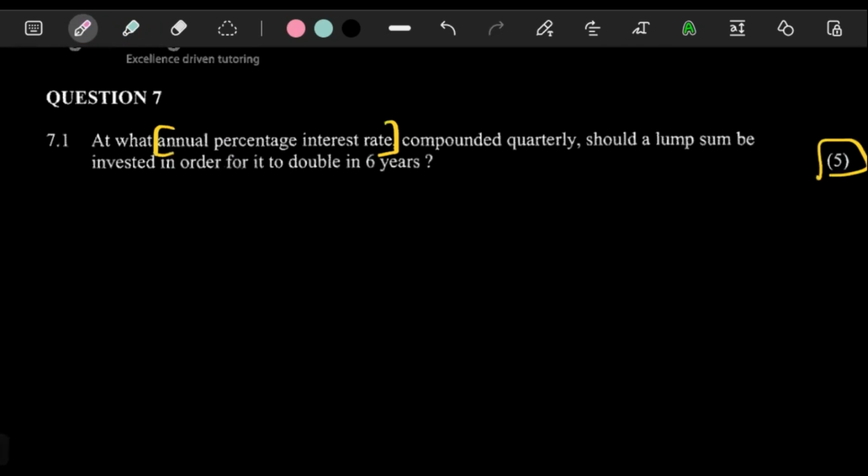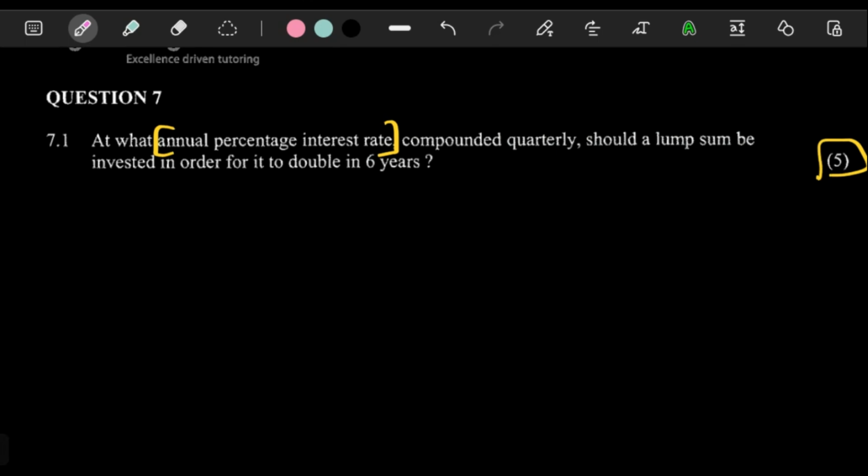So this is where things get a bit interesting, because here they're talking about annually, and at the same time they are talking about compounded quarterly.